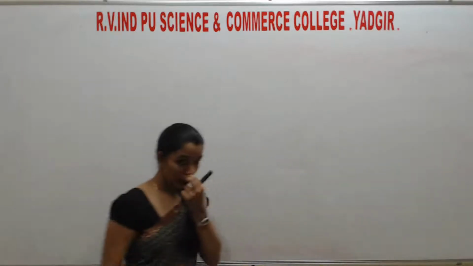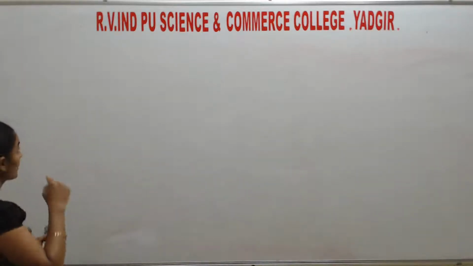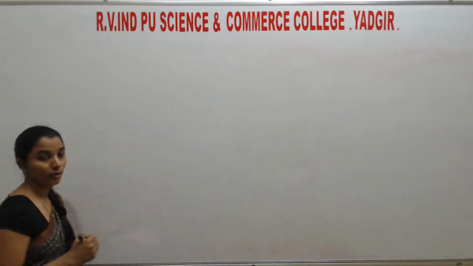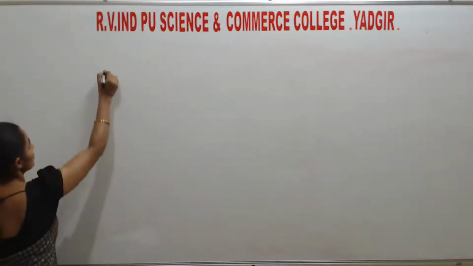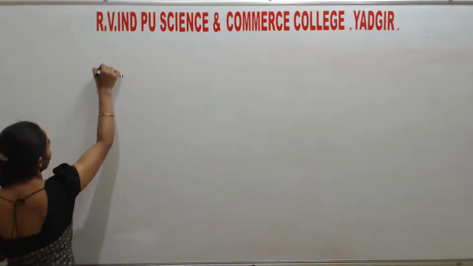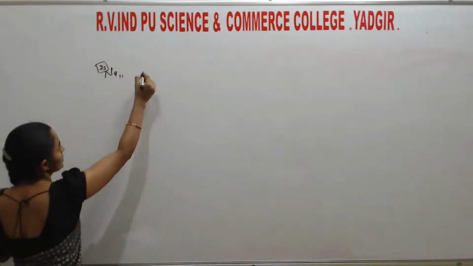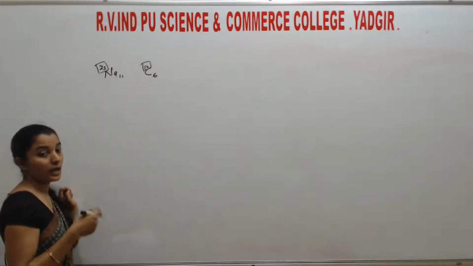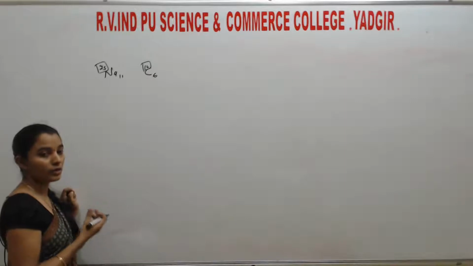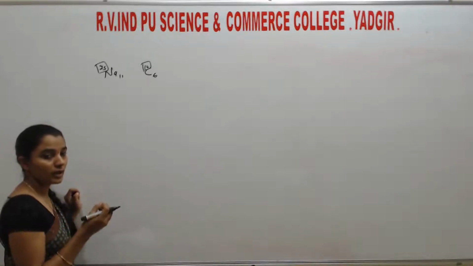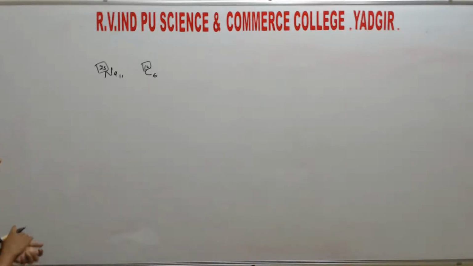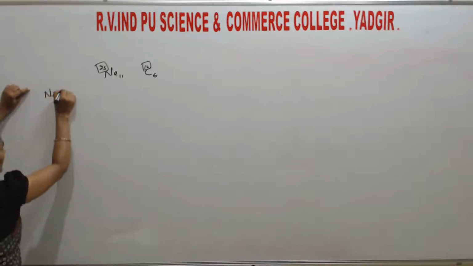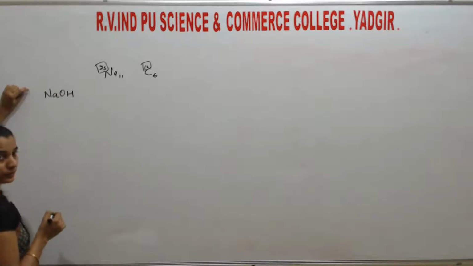So students, you know atomic number, and the atomic mass I told you is the mass of the element present in the atom. How to calculate? For example, sodium is written as 11, 23, so 23 is the atomic mass. Carbon is 6, 12, so 12 is the atomic mass. If compounds and molecules are there, how can we calculate the molecular mass? I will take a simple example, NaOH.